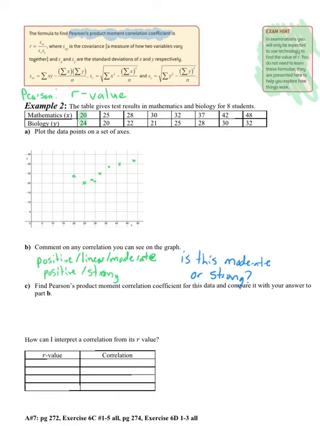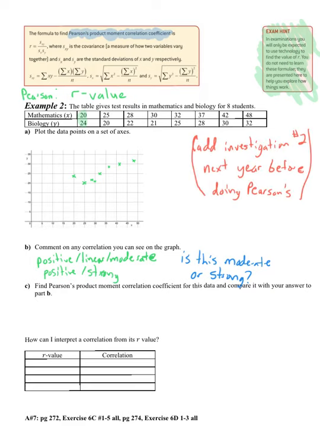That's going to help us determine the strength. For Pearson, we're saying the R value is 0.86442675, something weird like that. We'll just round it to 0.864.